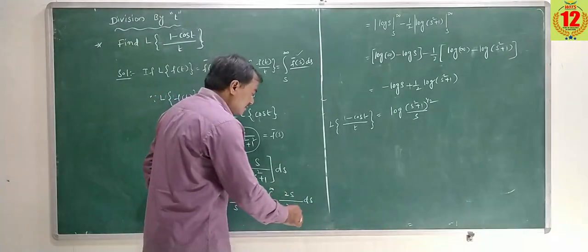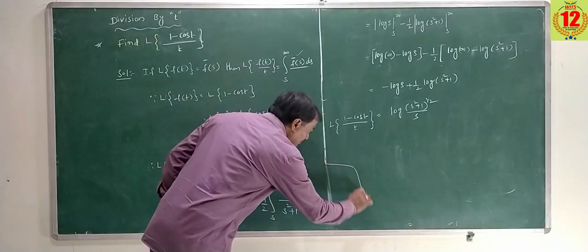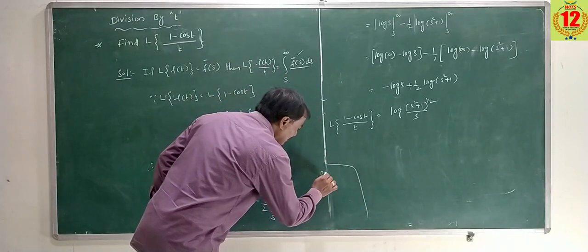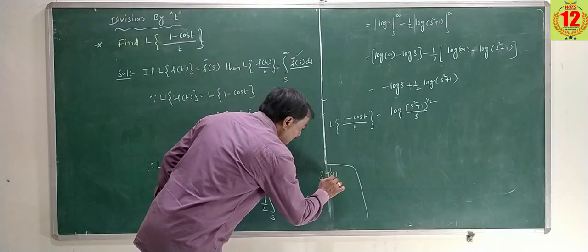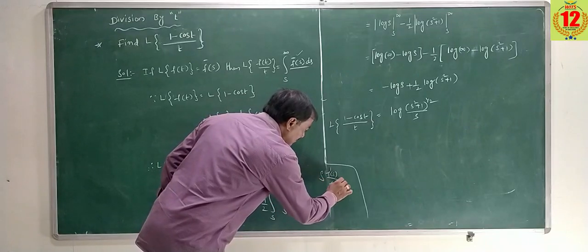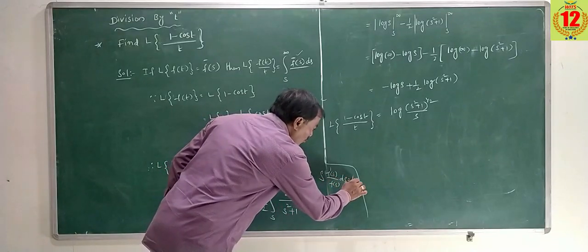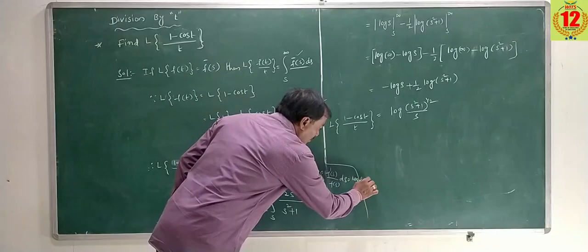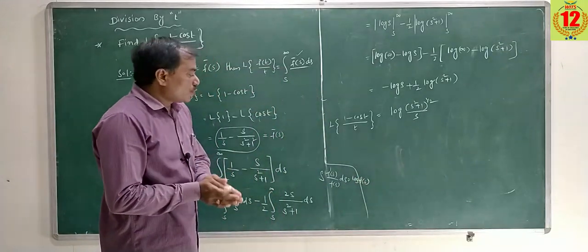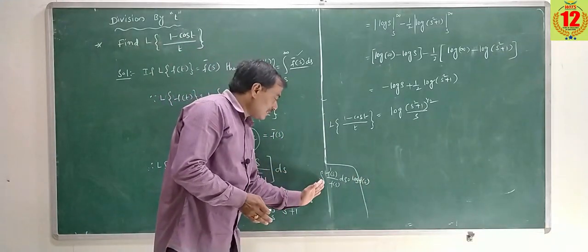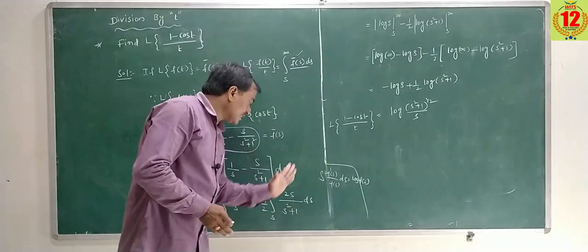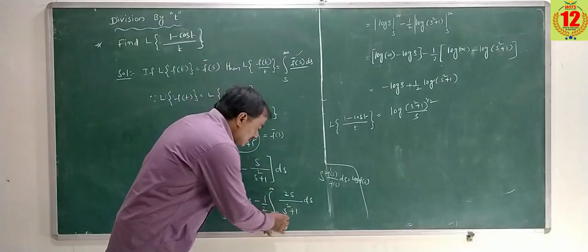Why? Because we have one of the formulas, integral f bar of s by f of s ds equals log f of s. In order to apply this form of integral to this function, this is f of s.